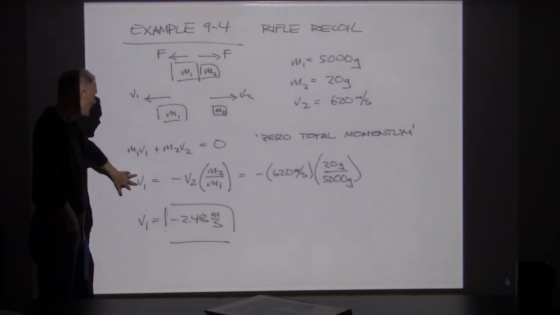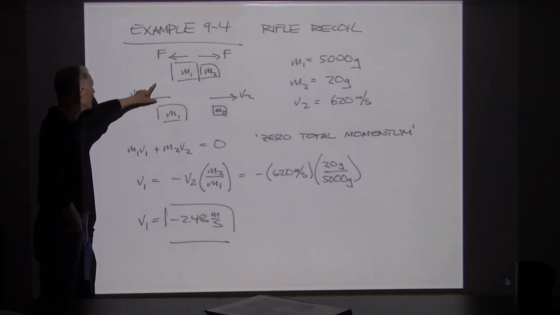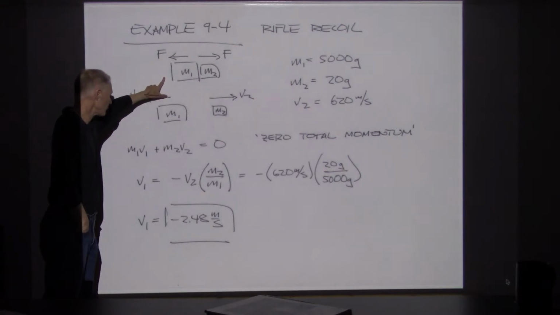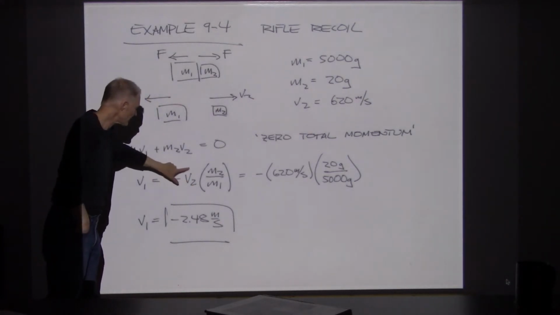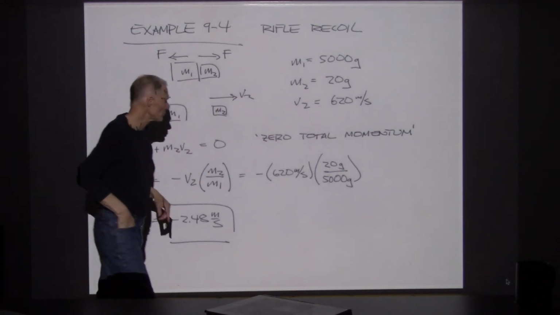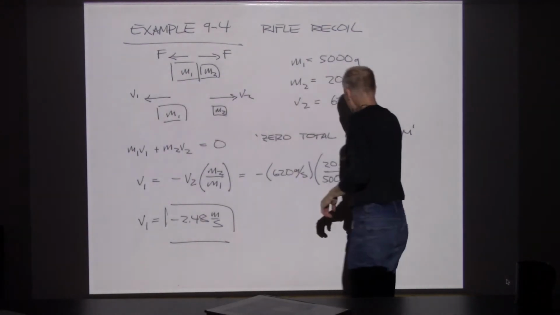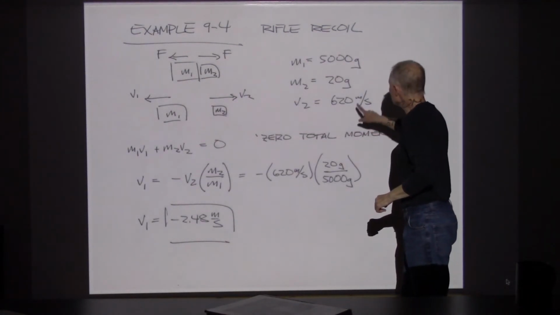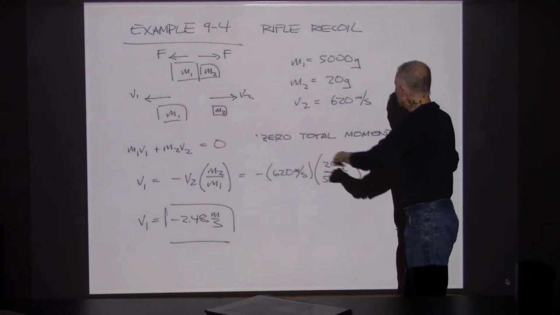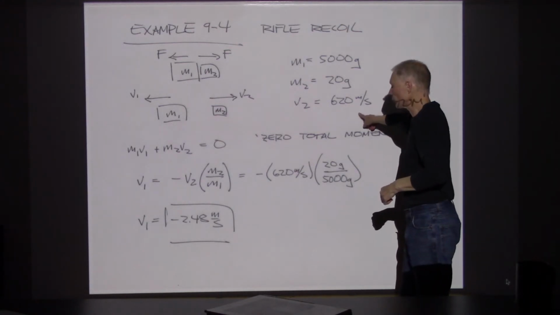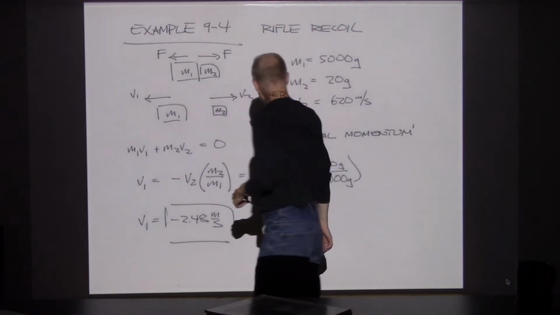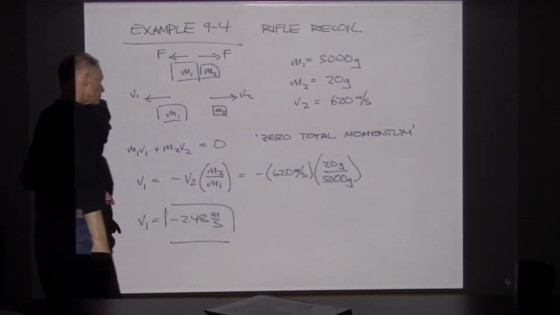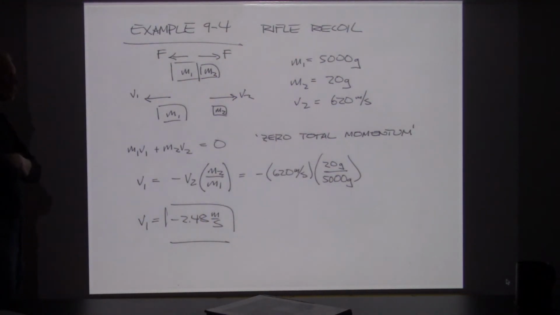That, with a little algebra, says that the velocity of the rifle is given by this expression with the ratio of the masses. Now remember, the bullet's mass was really tiny, so the rifle's velocity is really small compared with the velocity of the bullet, but it's not 0.